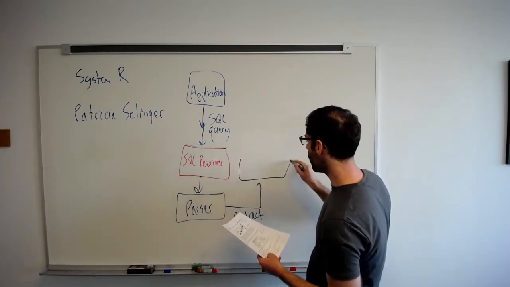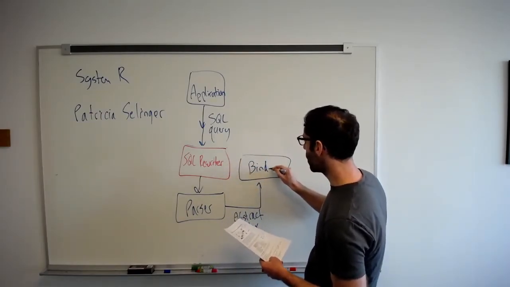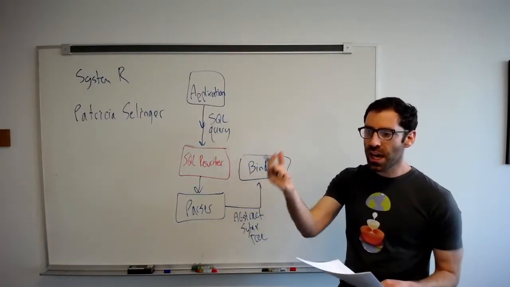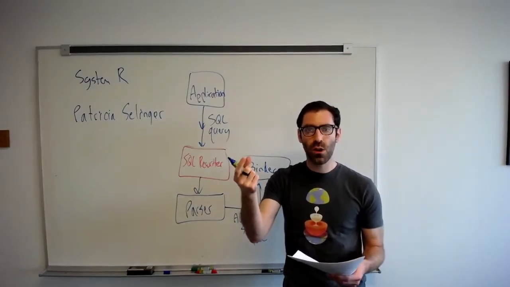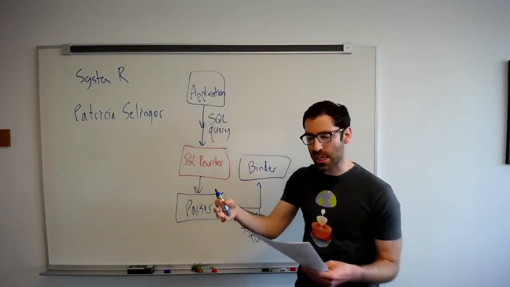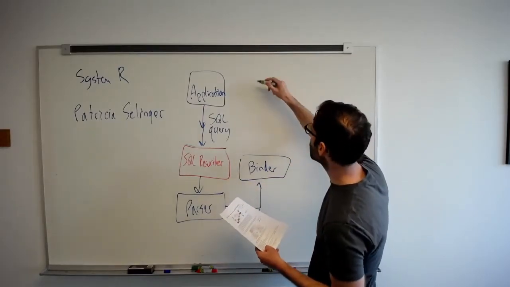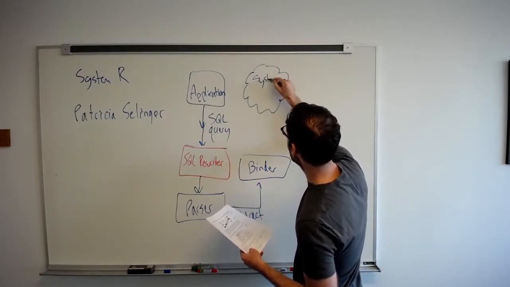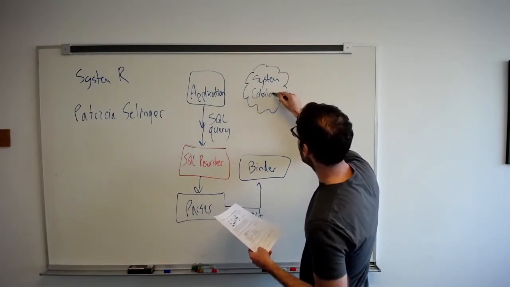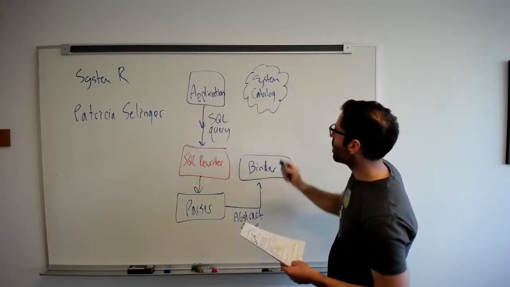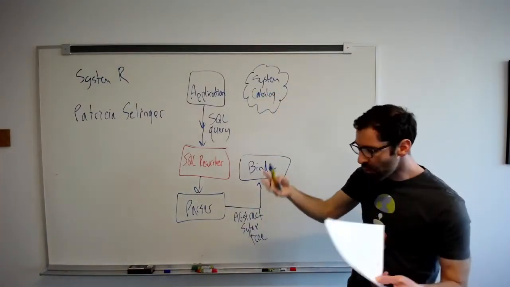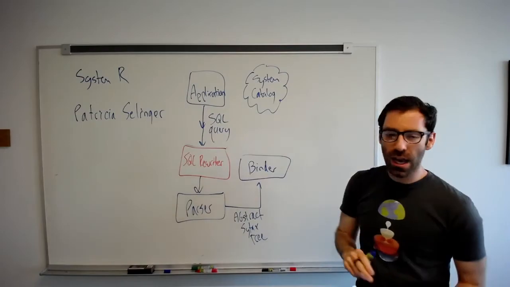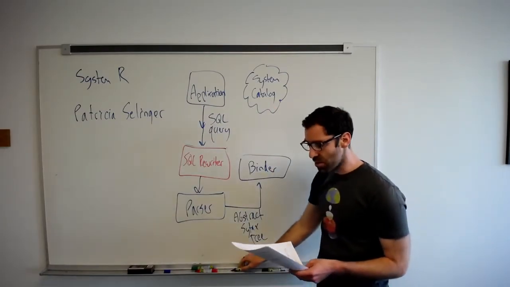So next, we would move on to something called a binder, which is going to take the string names that were in our query and replace them with some sort of internal IDs. And to do this, it's going to get information from the system catalog. Information about what are all the tables, what are their attributes, what are the indexes, etc. in our system. This information is kept in the system catalog.